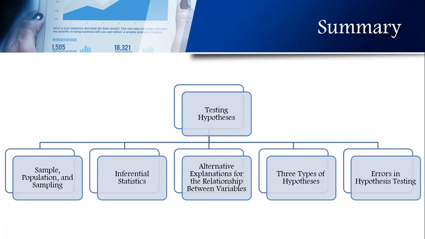We have also discussed 3 types of hypotheses, including the null hypothesis, one-tailed research hypotheses, and two-tailed research hypotheses. And finally, we have ended this discussion by covering the concept of errors in hypothesis testing, which include type 1 and type 2 error.